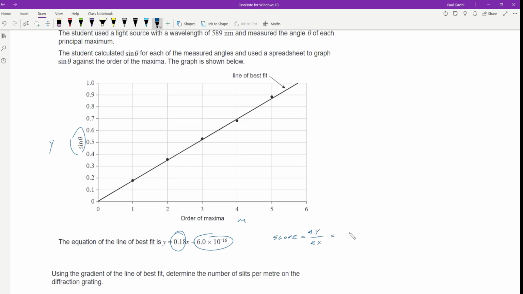And in this case, it's going to be sine theta over m. So I already know that I'm going to be rearranging my equation, substituting this value in here, what have they got there? 0.18. So there's going to be a bit of tricky rearranging.